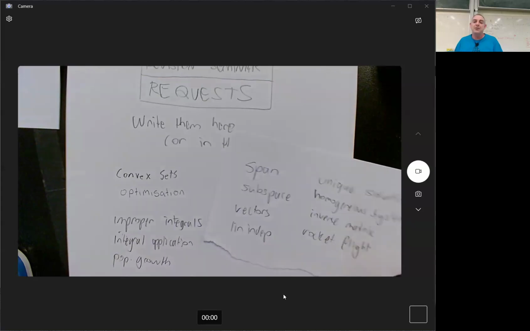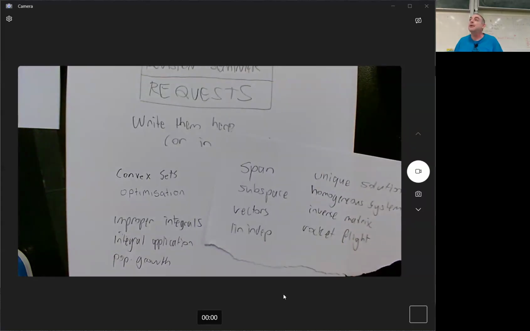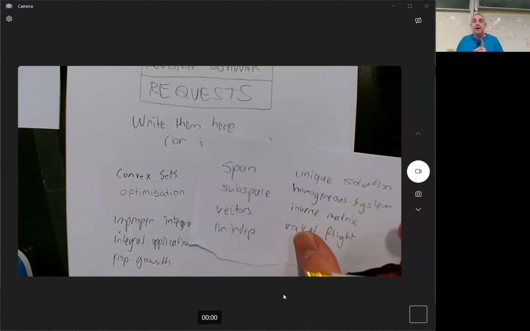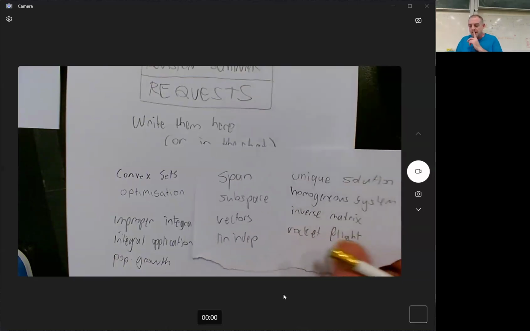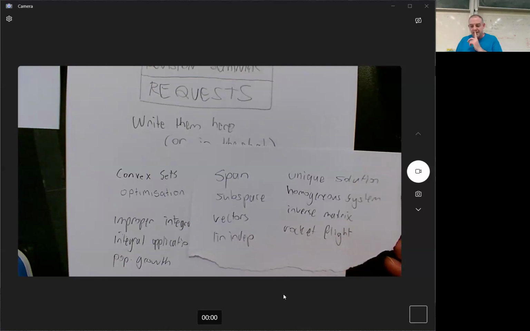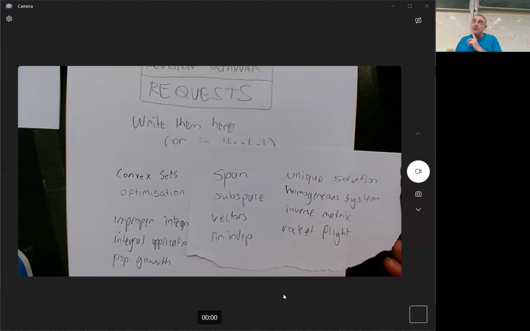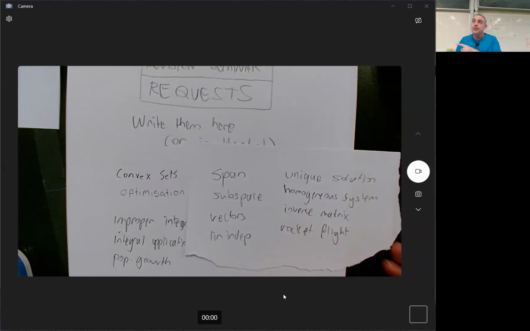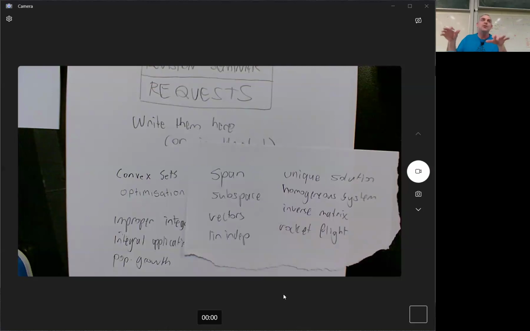I'm going to cop out on the rocket flight. I'm sorry. I'm still going to say something about it. The reason I'm going to cop out on that is because you don't have to remember how the rocket flight example works. I know that they examined it in a Mobius question, sorry, the company that does Mobius changed its name, it used to be called Maple TA, so sometimes I forget.